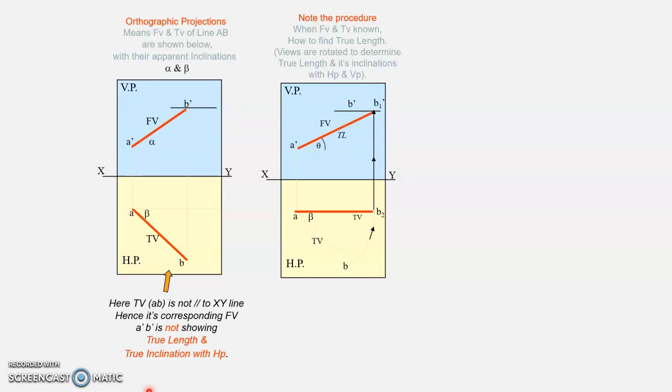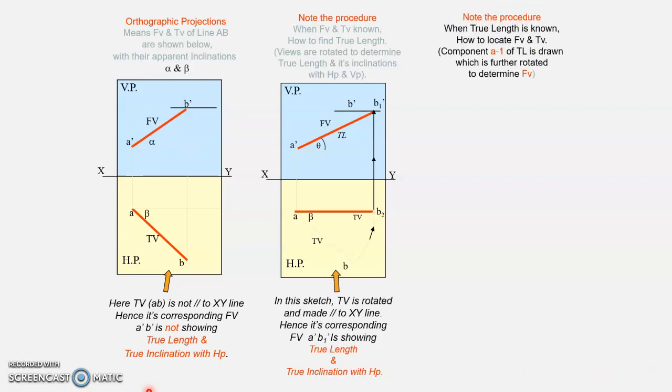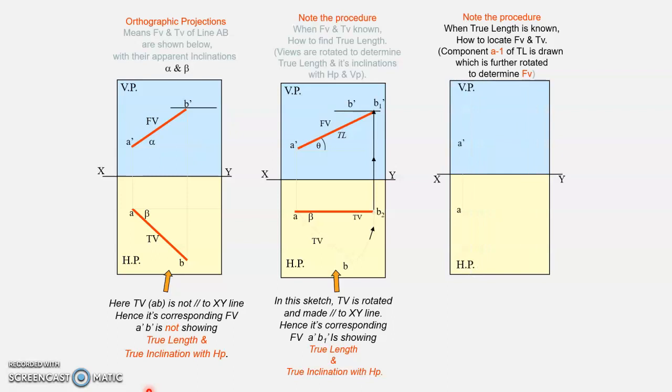This is the true length. The front view is also there, though it is not visible to your eyes. From the front view we can also get the true length, done inversely. For example, this is the front view. It is made parallel to XY. This is the arc.